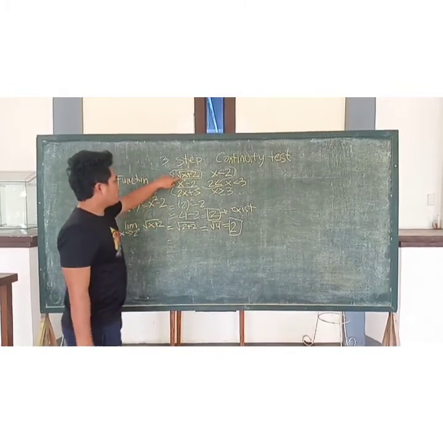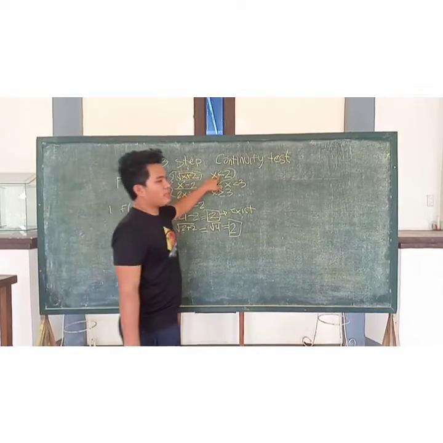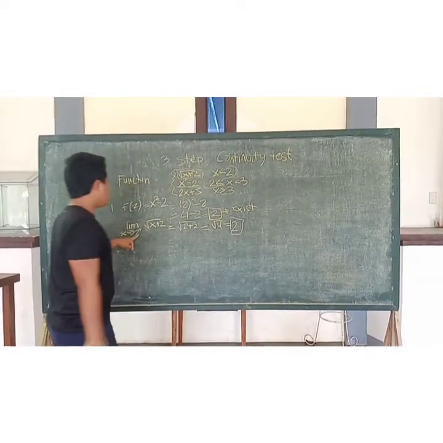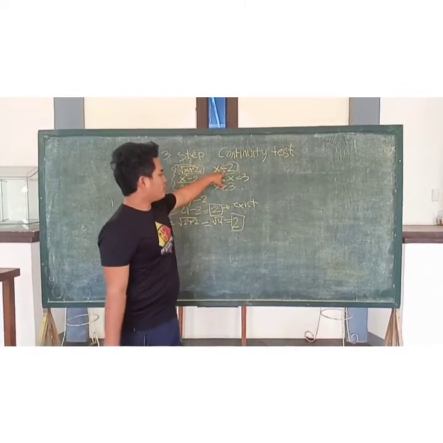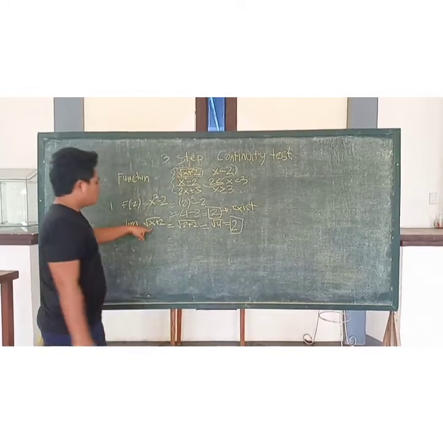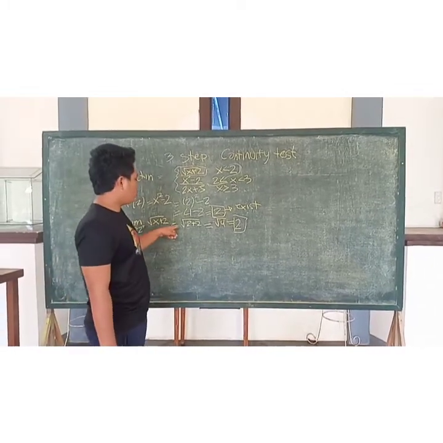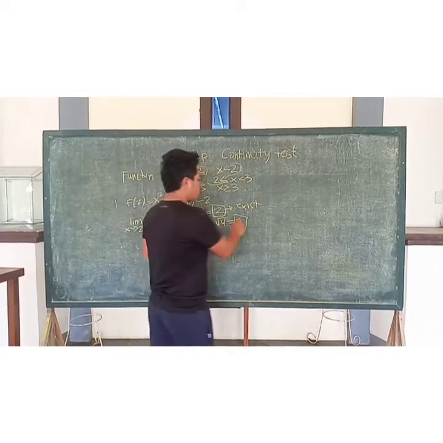We use the equation square root of x plus 2 because x is less than 2 on that side. So the square root of 2 plus 2 is the square root of 4, which becomes 2.